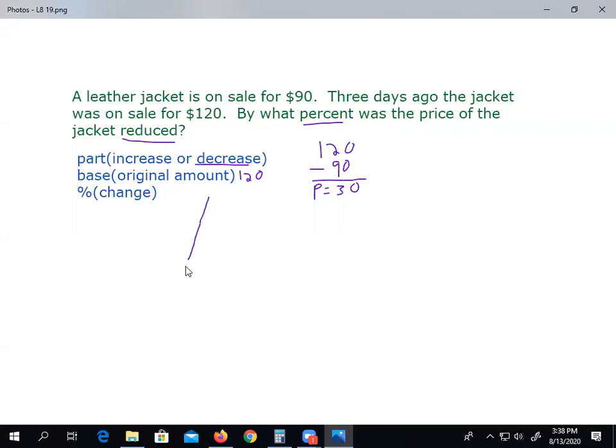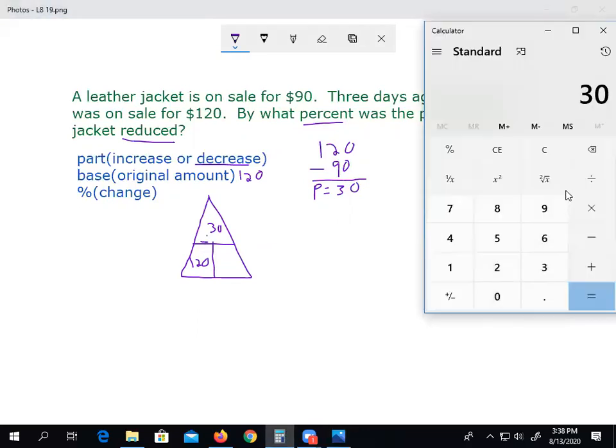So again, if I use the triangle model, which by now you already may pick up on the pattern, well, this is just simply a division problem. So the 30 was the actual decrease. That's our part. And the original amount was the 120. And so when I do the math, I just got to remember that's like a fraction bar. That's a division problem. So I use my calculator. 30 divided by 120 equals then 0.25.